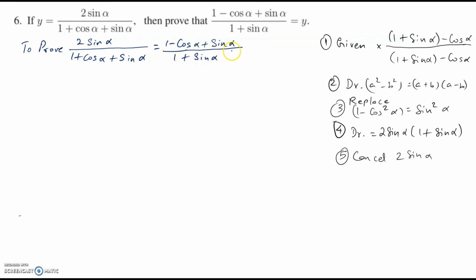So to do this, we will follow this as our trick or the methodology. Now, this is the given equation, or the given statement. So y is equal to this.